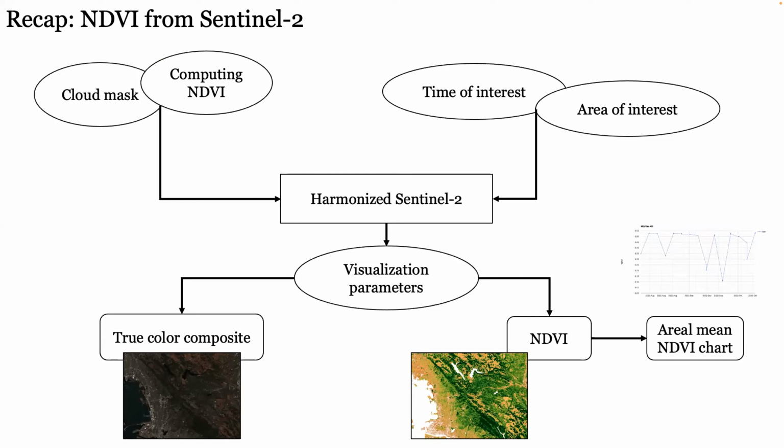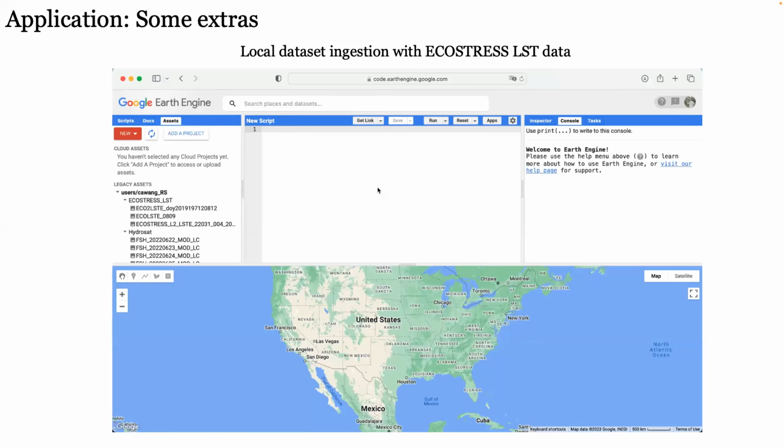For the remaining part of the talk, I want to also cover some of the local asset as well as different MODIS applications, just very quickly. And so, as Xian mentioned, Earth Engine has a lot of data sets, but not all of them.